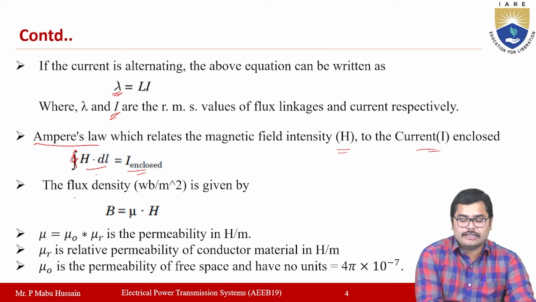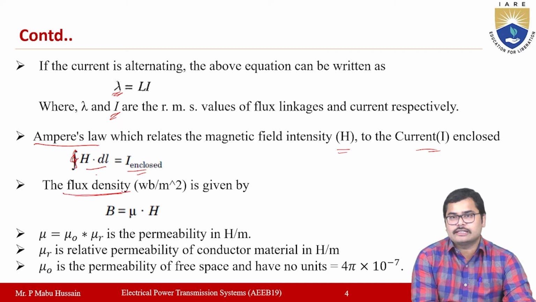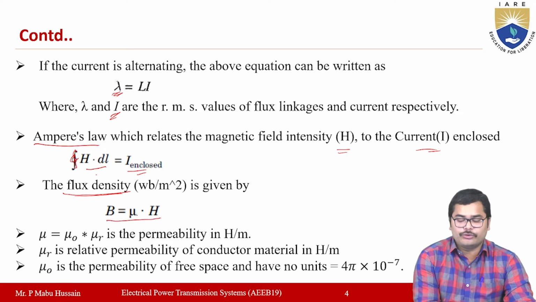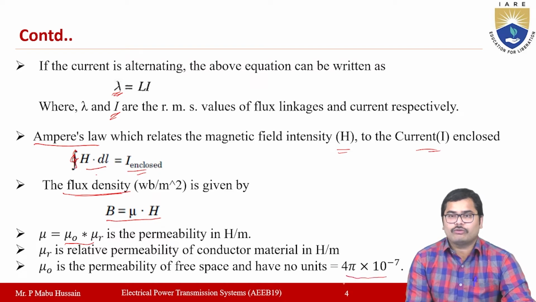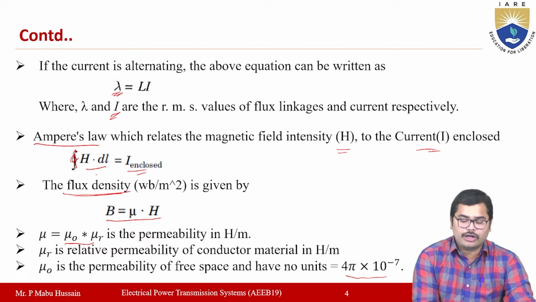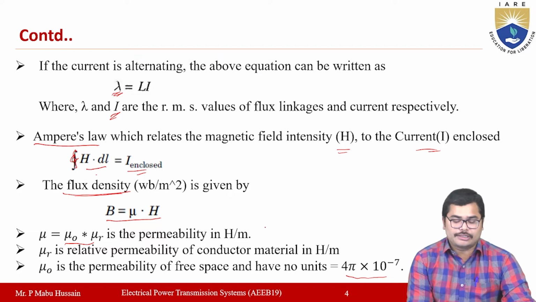The flux density is represented by B, and it is given by B is equal to mu H, where mu is mu naught into mu R. Here mu naught represents the permeability of free space and is equal to 4 pi into 10 to the power of -7, and mu R is the relative permeability of the conductor material.